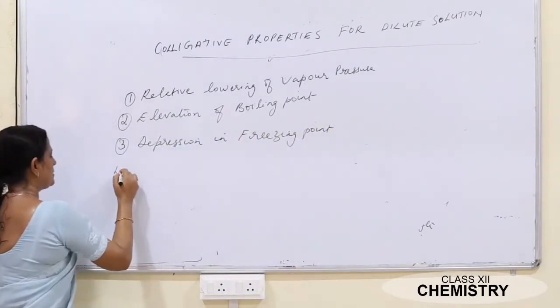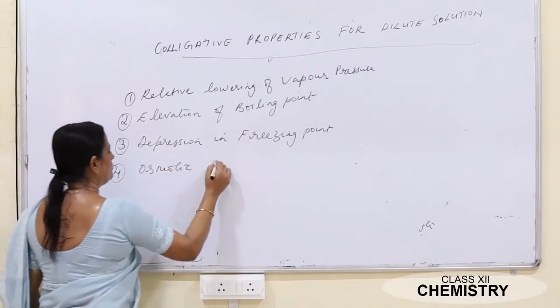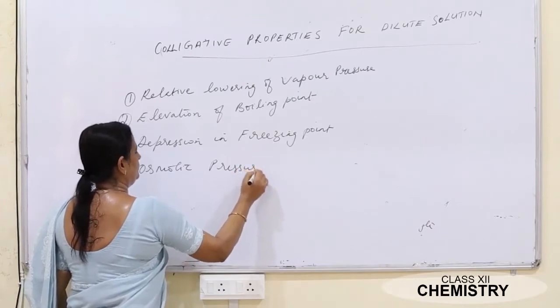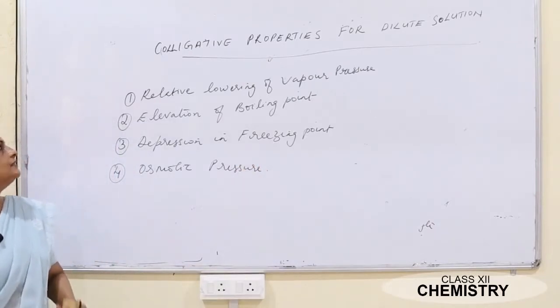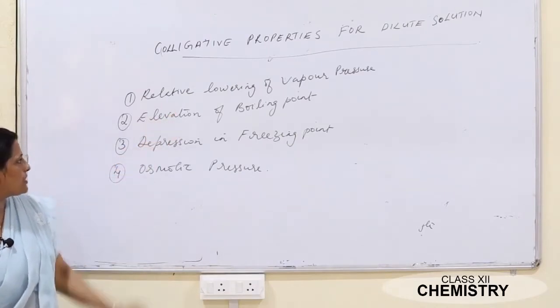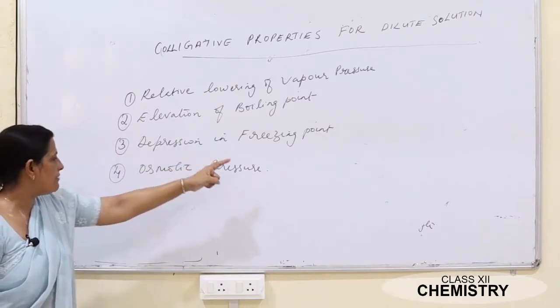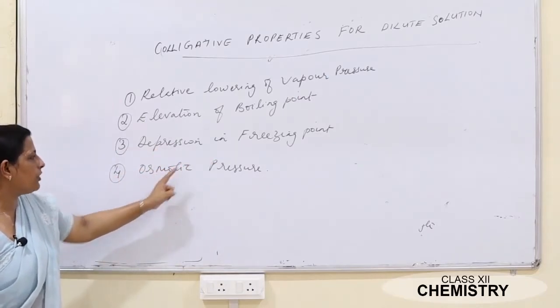And the last one is osmotic pressure. So the 4 colligative properties which we'll be dealing in this chapter are: 1 is relative lowering of vapor pressure, 2 is elevation of boiling point, 3 is depression in freezing point, and 4 osmotic pressure.